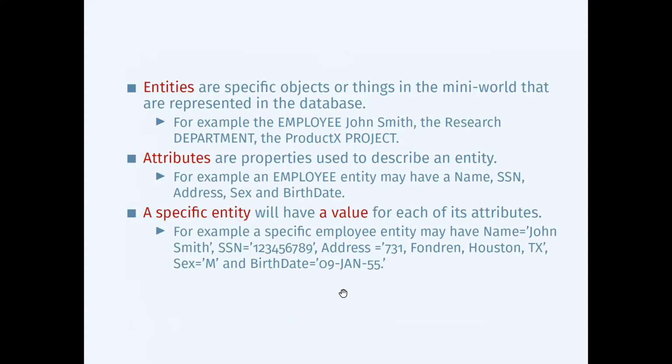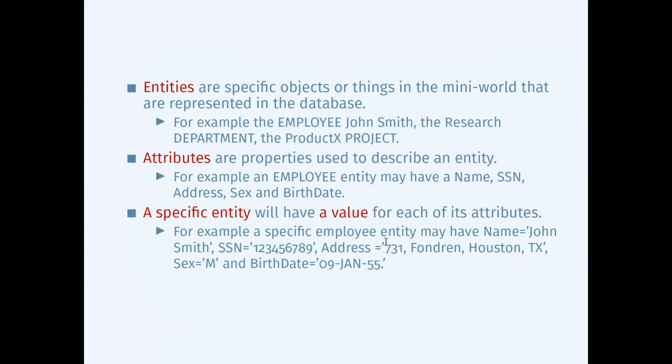The next thing is that each of the attributes has a value. For example, if you take employee, the name of the employee could be something like John Smith. The address of the employee is something like 731 Condon, Houston, Texas.